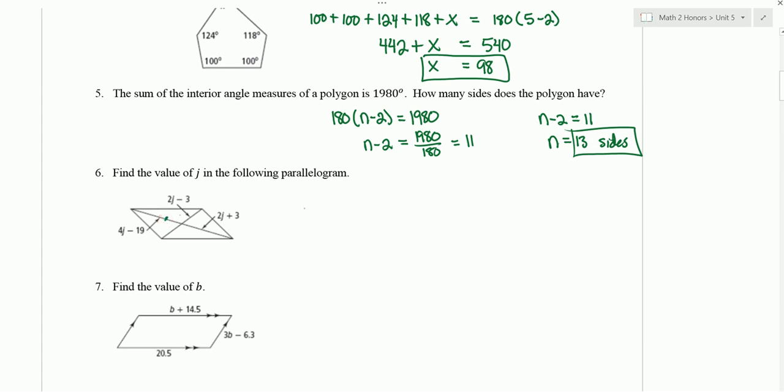So this 4j minus 19 is equal to 2j plus 3, since the diagonals in a parallelogram bisect each other.